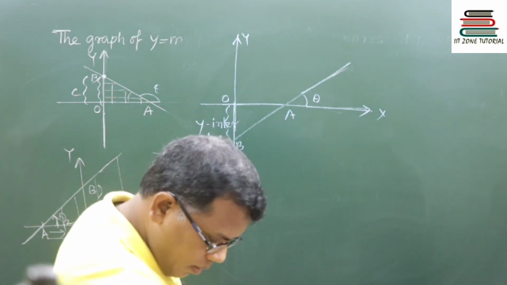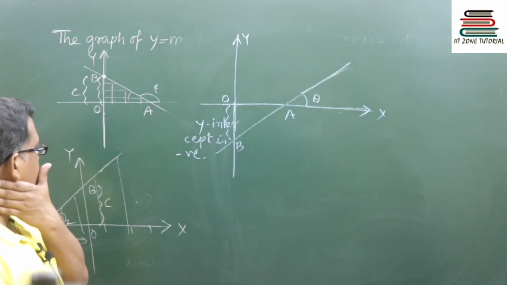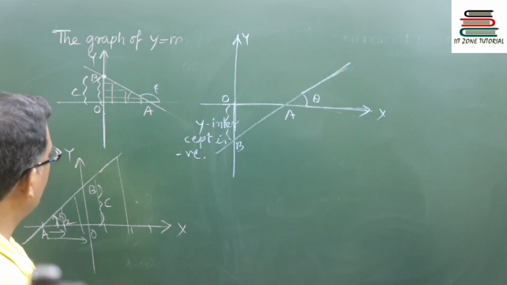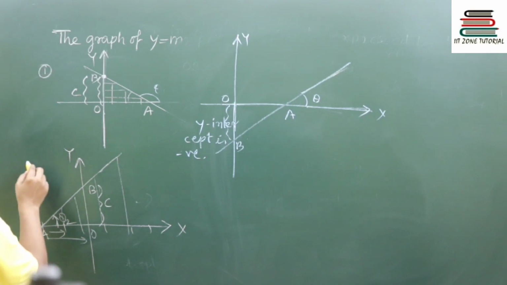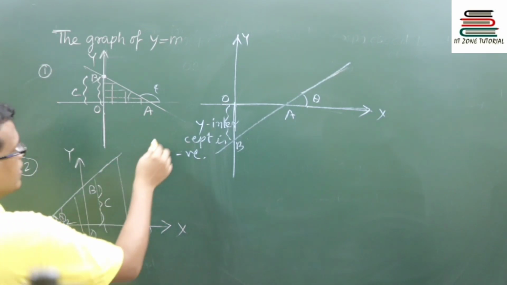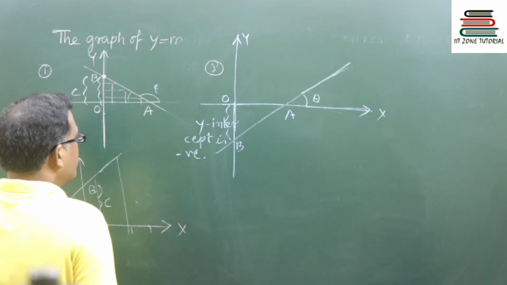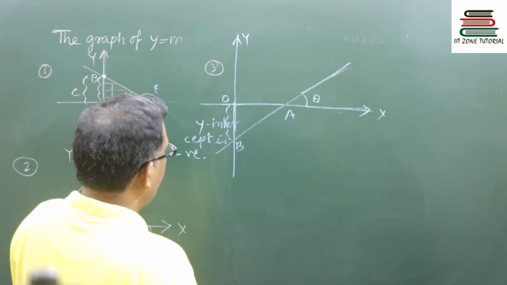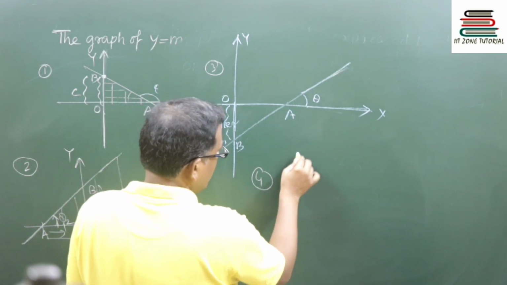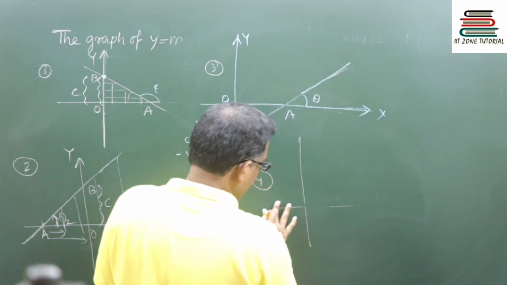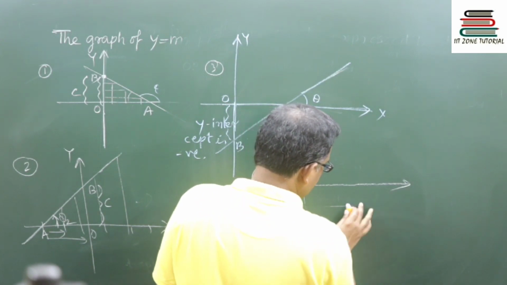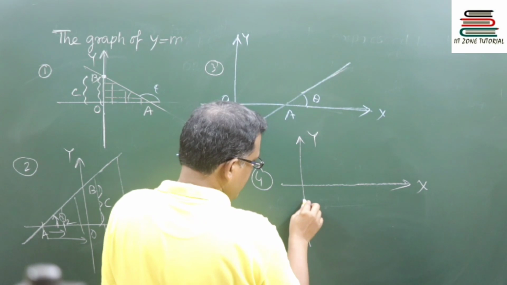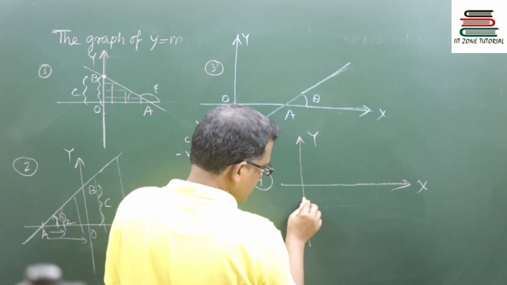See, here we can try to know more about the straight line. This is one type, this is second, this is third, right? For example, suppose this is the xy plane, and a line is drawn like this.